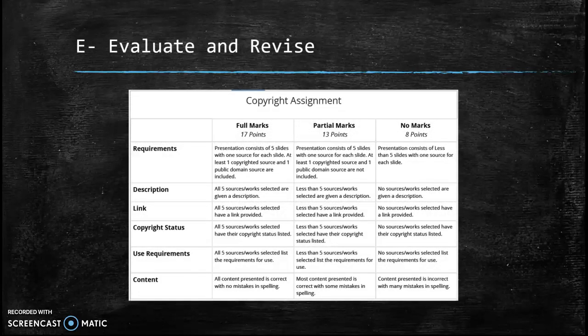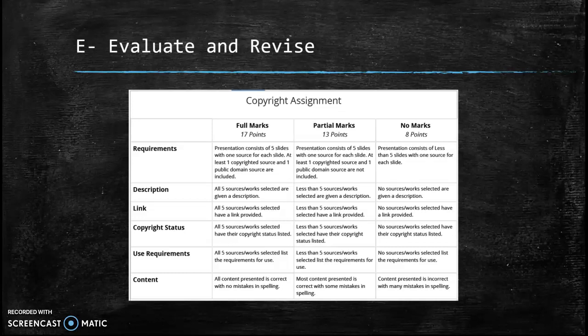And then for evaluate and revise. For evaluation, students will receive this marked-up rubric back after the assignment is done, which allows the teacher to evaluate whether the students learned about copyright laws and usages.